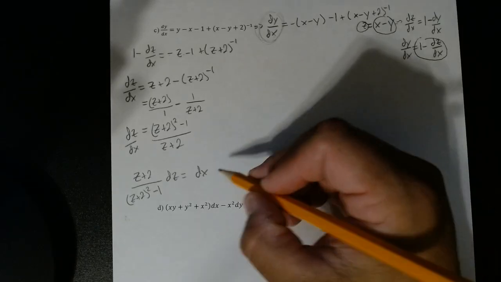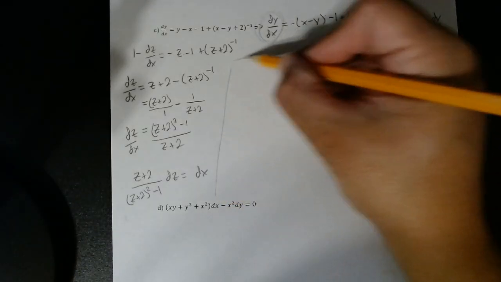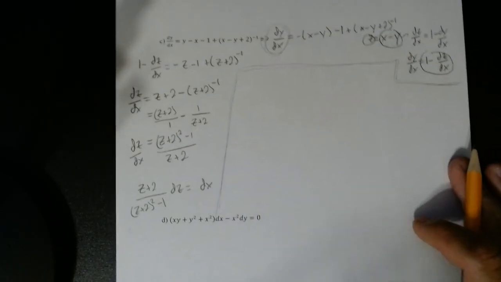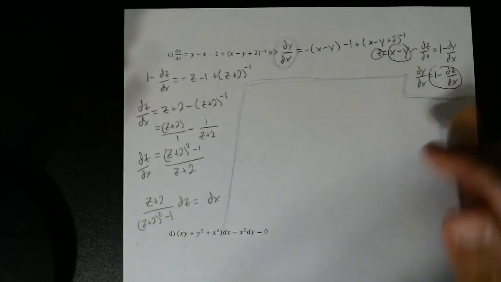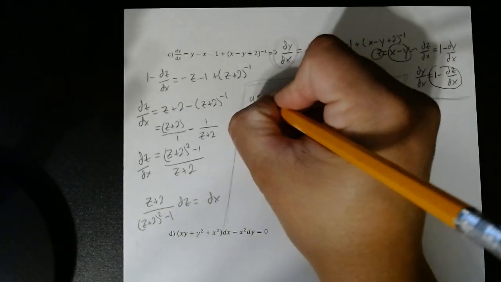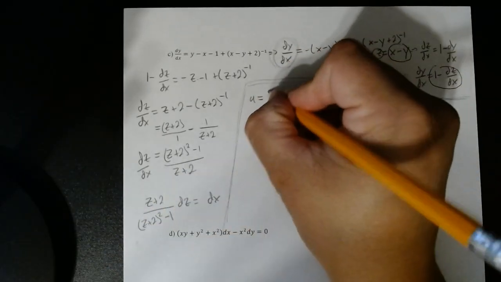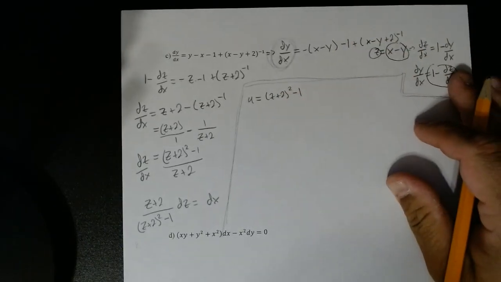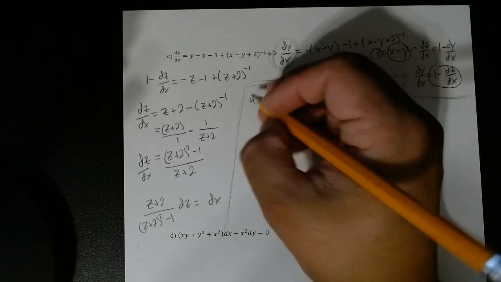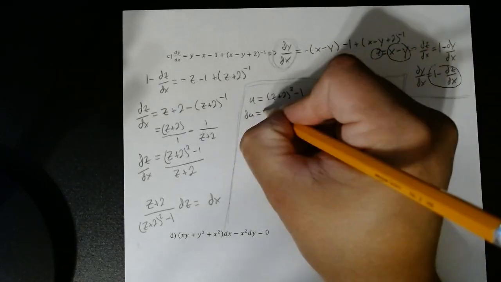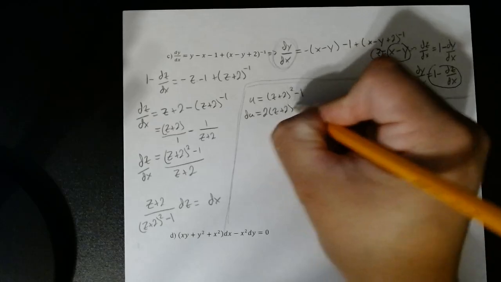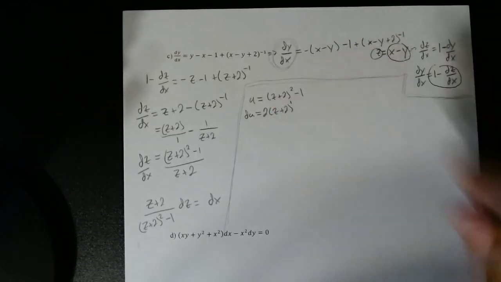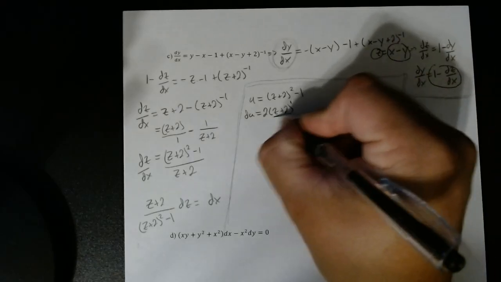But again, this is where it kind of tests your integration, let's just say, from previous classes. So we're going to let u equal everything on the bottom. And we take the derivative. This is 0, derivative inside just 1, so we just get that. And notice this is exactly what the top is.